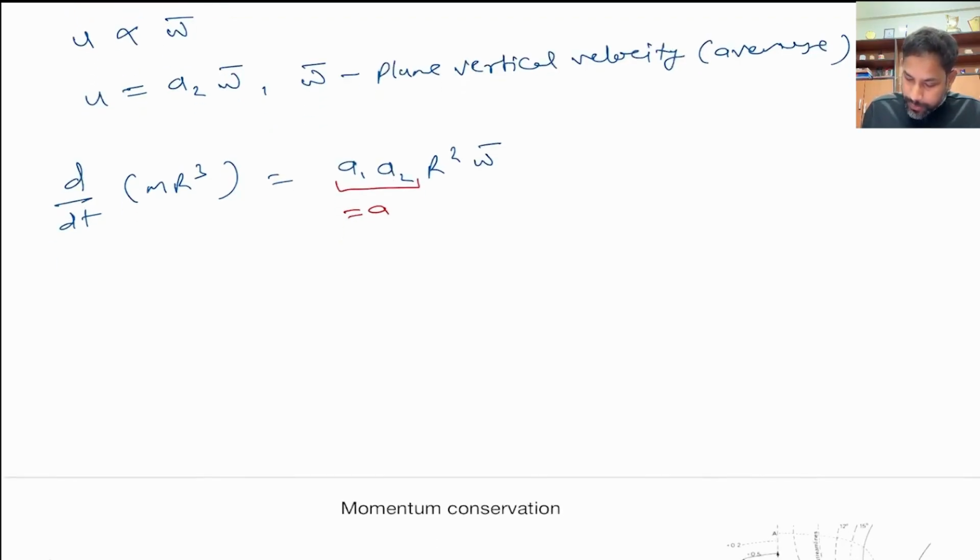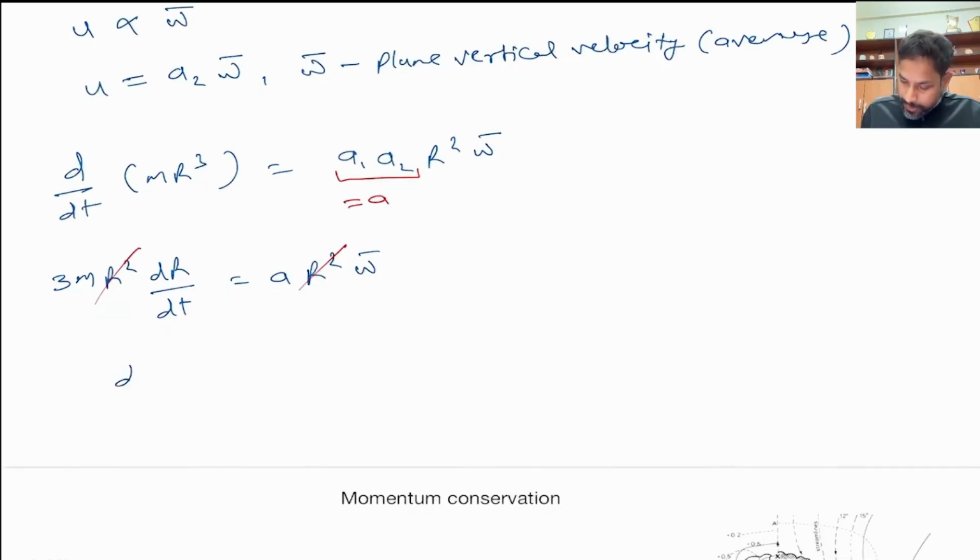So this equation will become 3m r square dr by dt is equal to A r square W bar, where this cancels with this one, and the equation we get here is dr over dt is equal to A W bar by 3m.